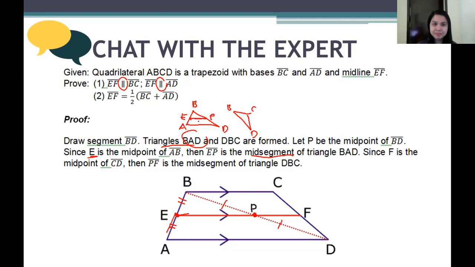That's the definition of the mid-segment. Since F is a midpoint of CD, then PF, another one here, is also called the mid-segment of DBC.